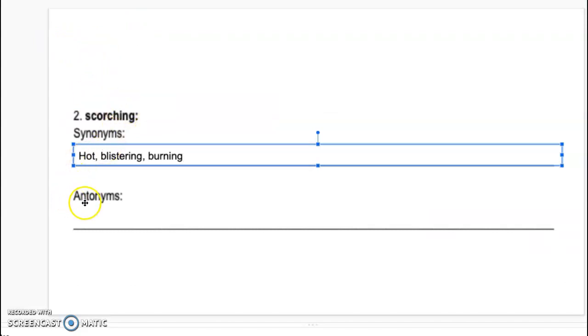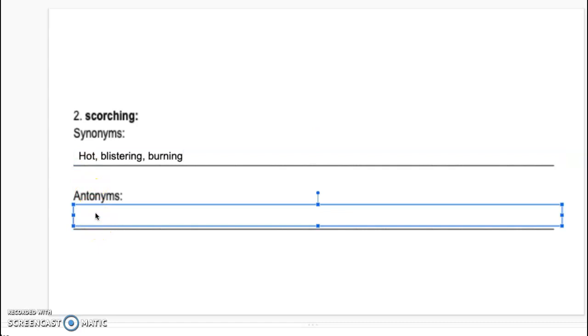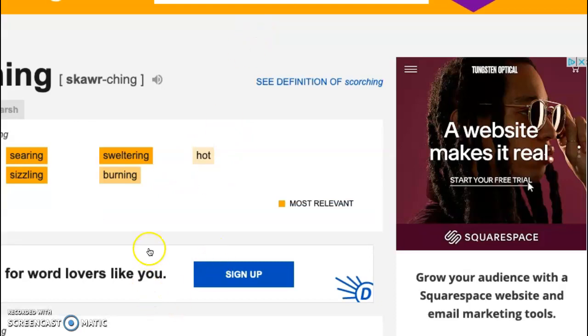Let's move on to antonyms. Remember that antonyms are words with the opposite meaning. Can you think of a word that's opposite of hot? If you're thinking cold, that's right. Let's go ahead and use our thesaurus to come up with some other words.